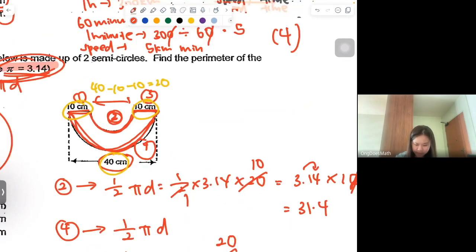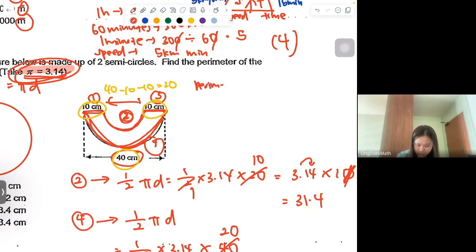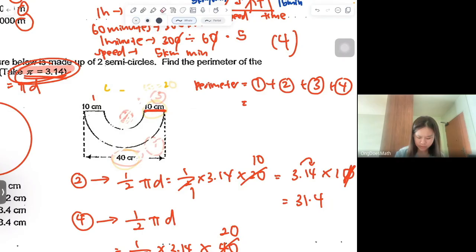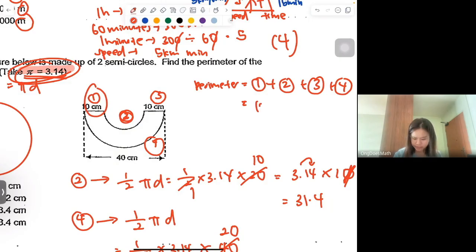So perimeter is just the first side plus the second side plus the third side plus the fourth side. I'll erase things to make the diagram less confusing. So first side is 10 cm.